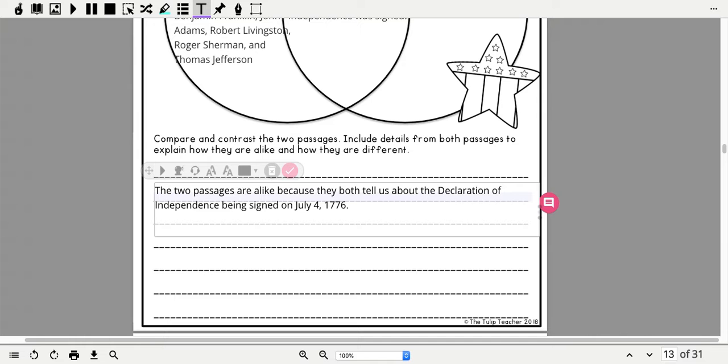Then I'm going to see how I restated and answered the question. I need to provide evidence because it says include details from both passages to explain how they're alike and how they are different. So I'm going to say, now I'm putting this in quotation marks just like at the top where it refers to them, "The Declaration of Independence" states, so that way we know where to find it.